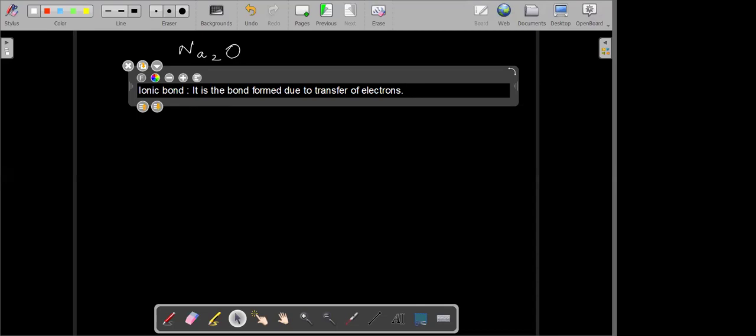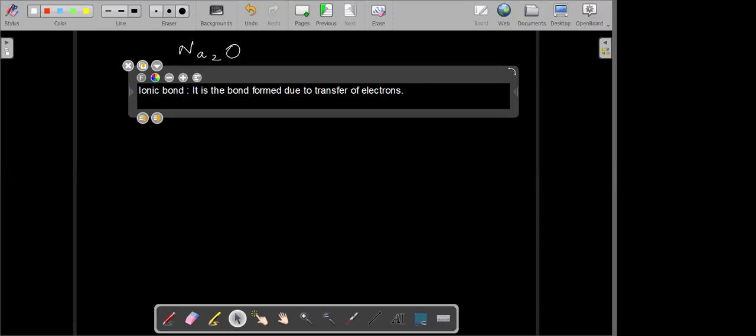So Dhriti, Meher, Rizwana, Yunija, you can also define your ionic bond to be the bond between two ions.